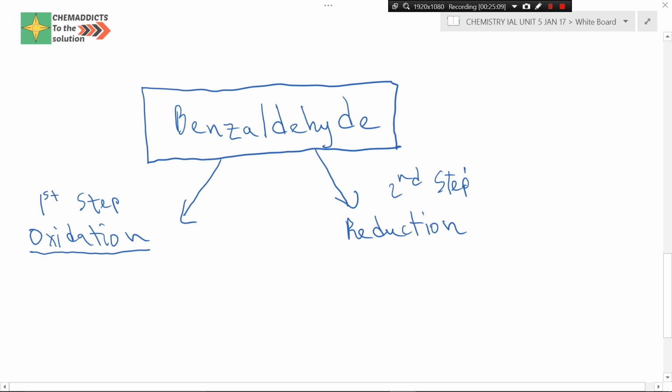Oxidation of benzaldehyde would give us benzoic acid, and the reduction would give us phenyl methanol.